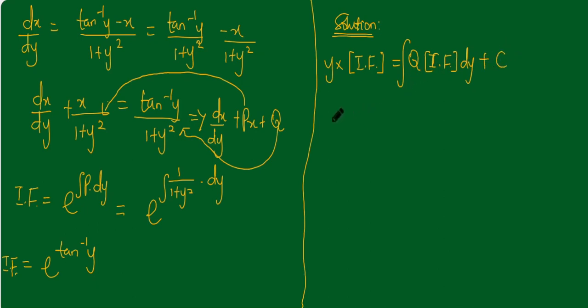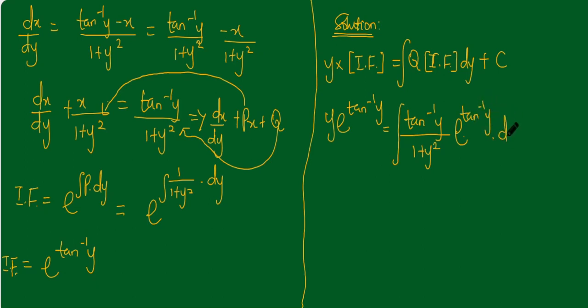So now we have x multiplied by e raised to power tan inverse of y is equal to, oh, I forgot the integral, the integral of tan inverse of y divided by 1 plus y squared multiplied by e raised to power tan inverse of y with respect to y, plus c.